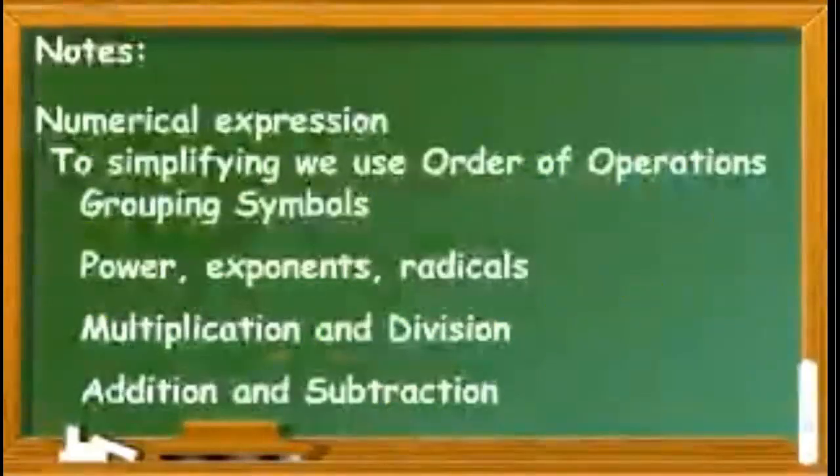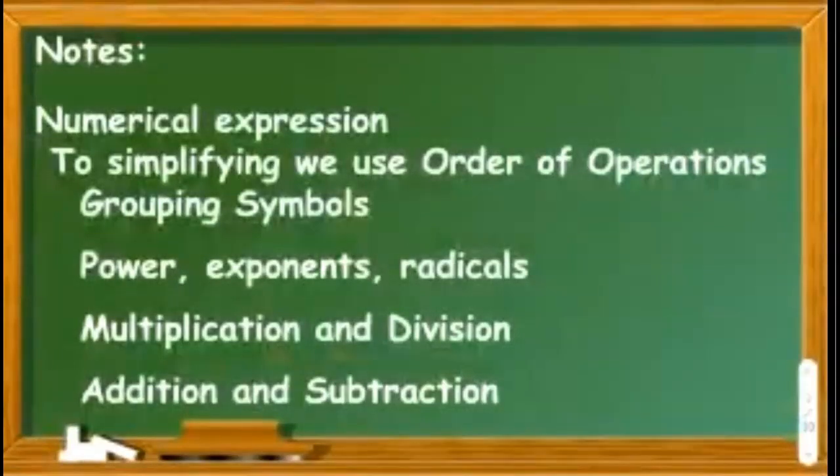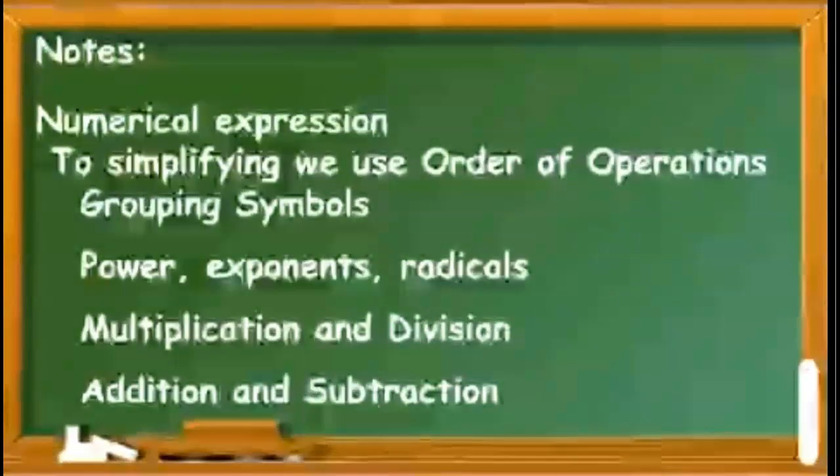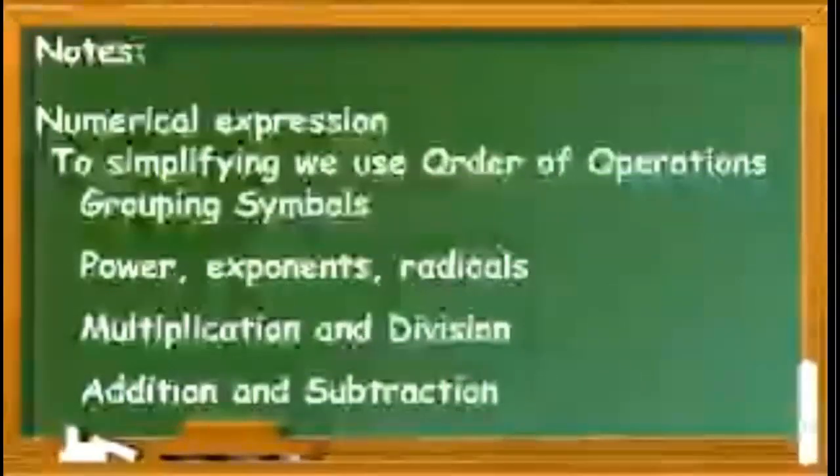Okay, so as we said, to simplify numerical expressions, we're going to use our order of operations. Most people, when they think of order of operations, the first thing they'll tell me is that the first step is parentheses, which is true. But what I want you to recognize is that parentheses are not the only grouping symbols that we could use.